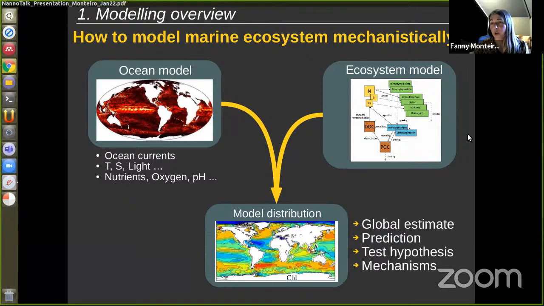And to that, we combine an ecosystem model. The two together give you a distribution of the different organisms in your ecosystem. And that tells you about global estimates, gives predictions for the paleo and the future, lets you test hypotheses, or understand the mechanism behind this distribution or a specific response to climate change.